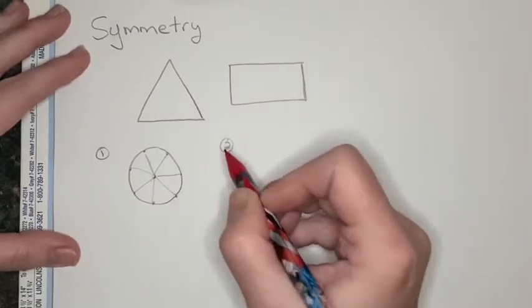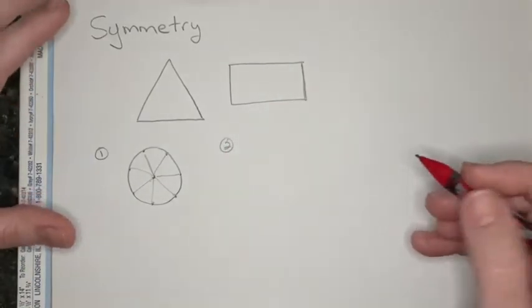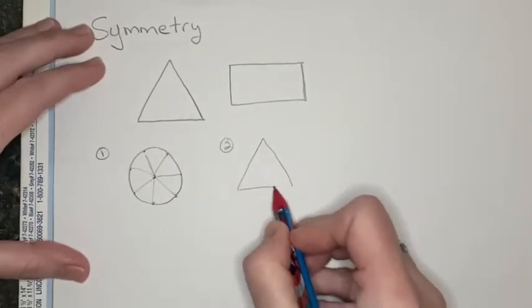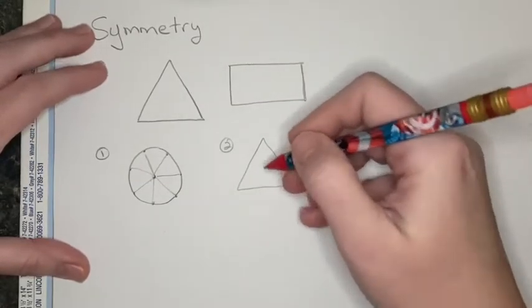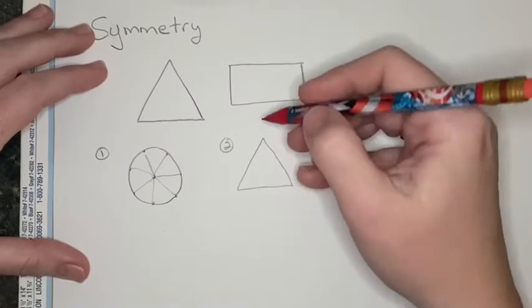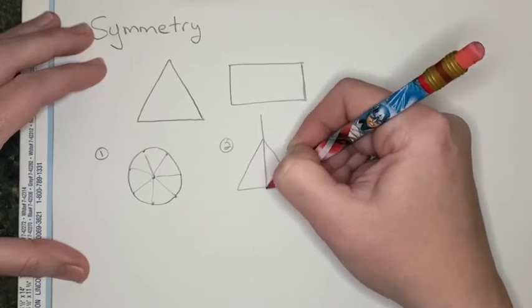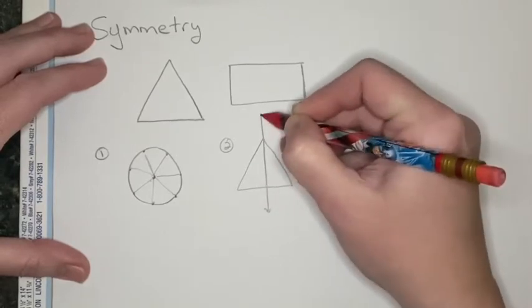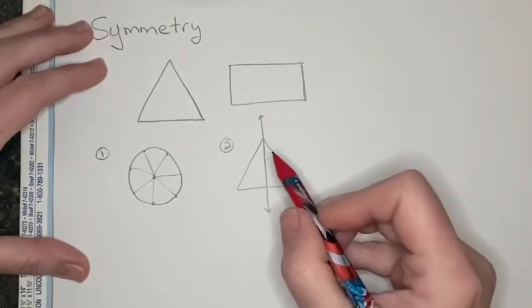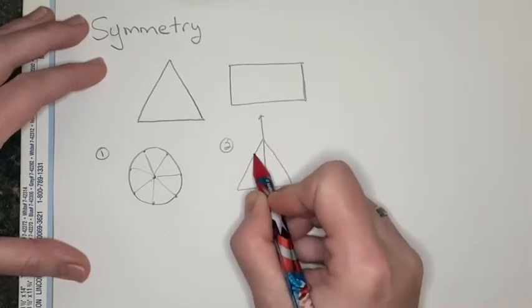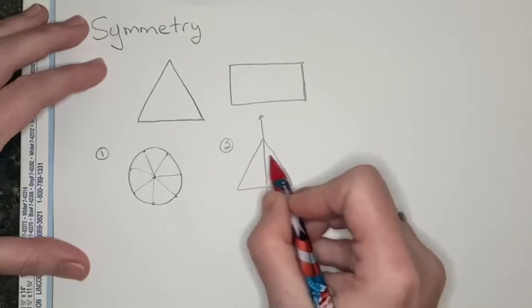Case two is symmetry with respect to a line. So if we take a look at my triangle here, they have a triangle drawn in the book as well. This is symmetrical with respect to this line, not because every point is equidistant from the line, but because you can draw respective points.